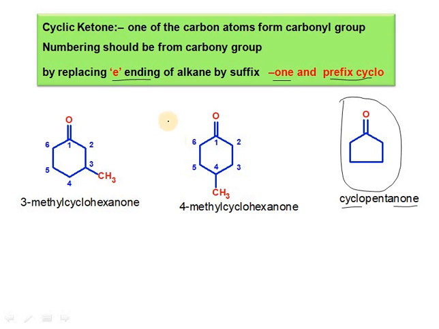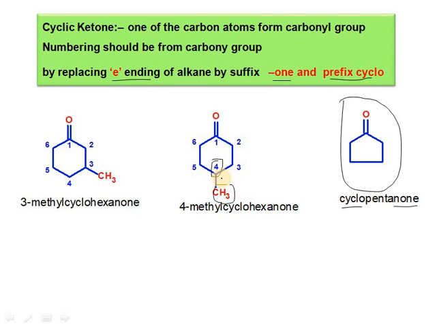Similarly, we have taken this structure. Numbering starts from the functional group as per IUPAC nomenclature: 1, 2, 3, then 4, 5, and then 6. But we see that the fourth position has a substituent, a methyl.